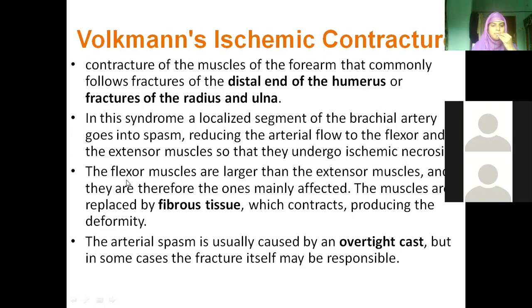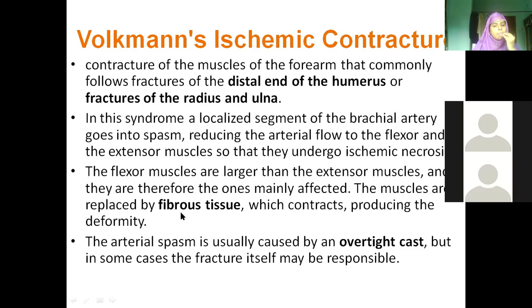Which muscles are mainly affected? Flexor muscles, because they are more in number. So many are there. How many have we seen? Pronator teres, flexor carpi radialis, palmaris longus, flexor carpi ulnaris, flexor digitorum superficialis, flexor digitorum profundus, flexor pollicis longus, then pronator quadratus. How many altogether, beta? 9.